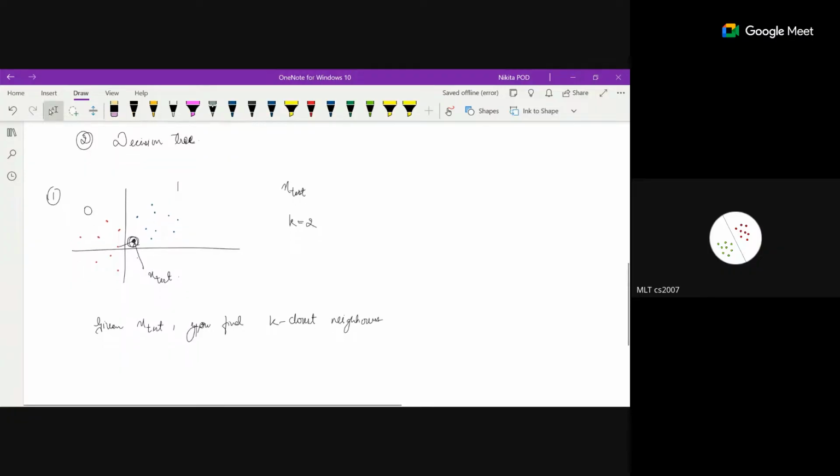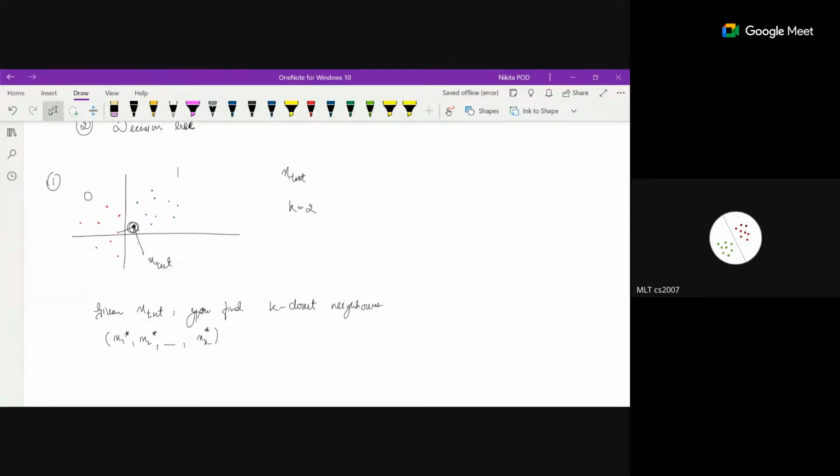So let's say the k closest neighbors are x1 star, x2 star, and so on till xk star. Now, if you have to predict the label for X test, it is going to be whatever the majority of the labels are.